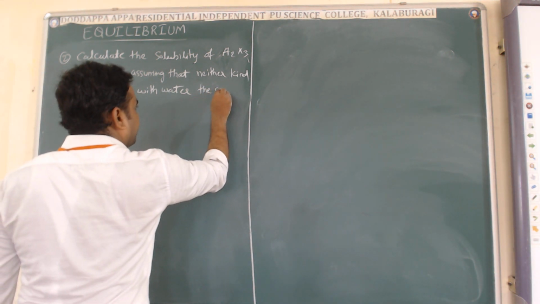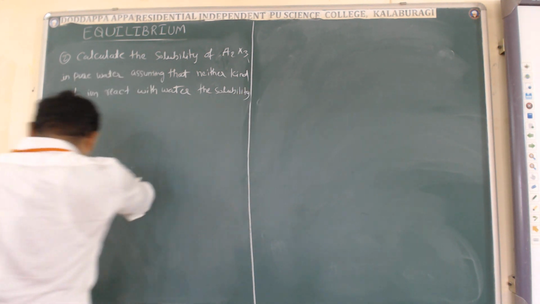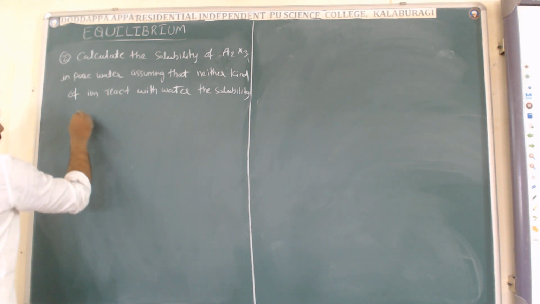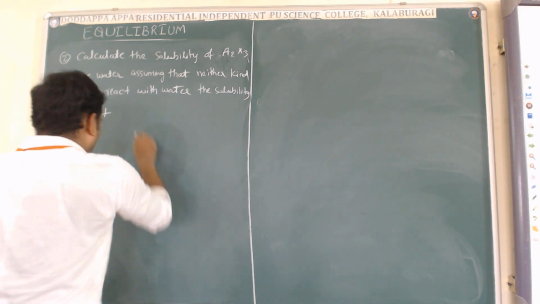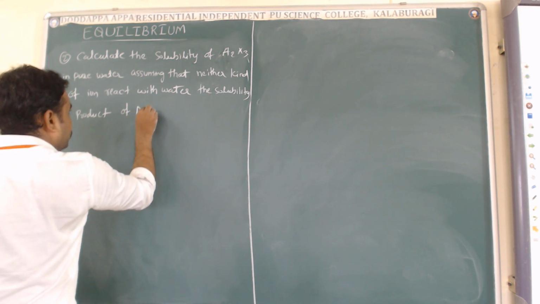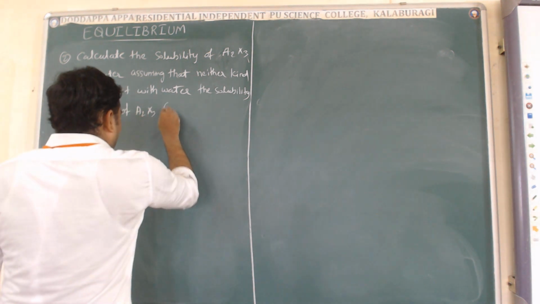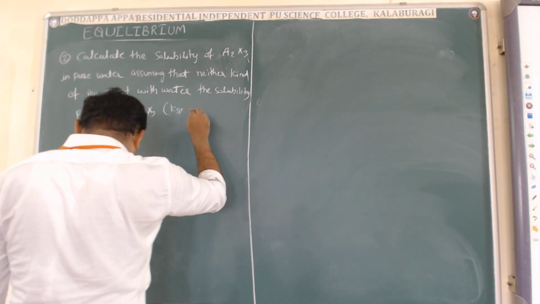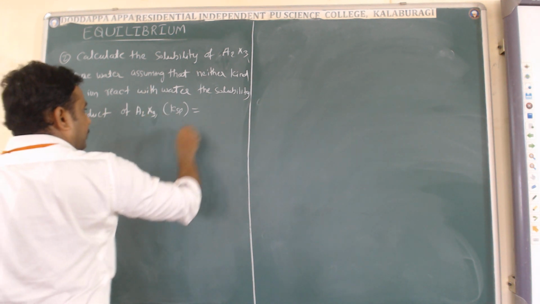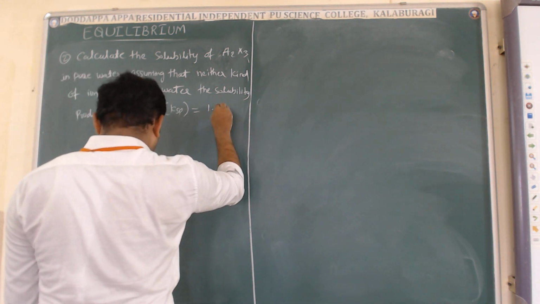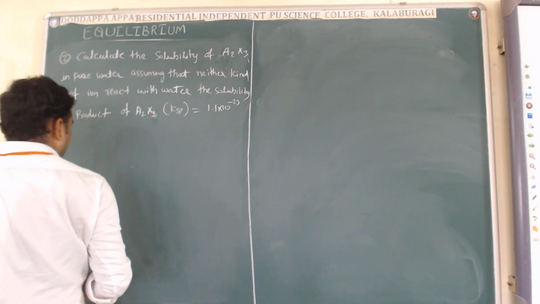The solubility product of A2X3, Ksp, is equal to 1.1 into 10 raised to minus 23.